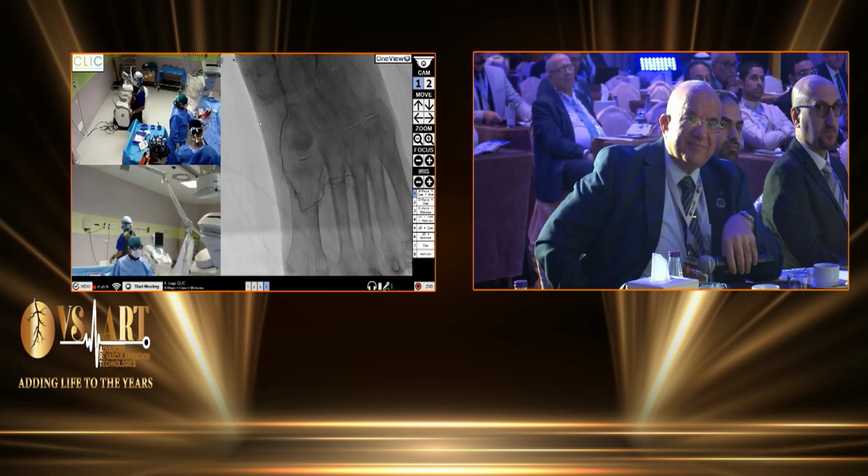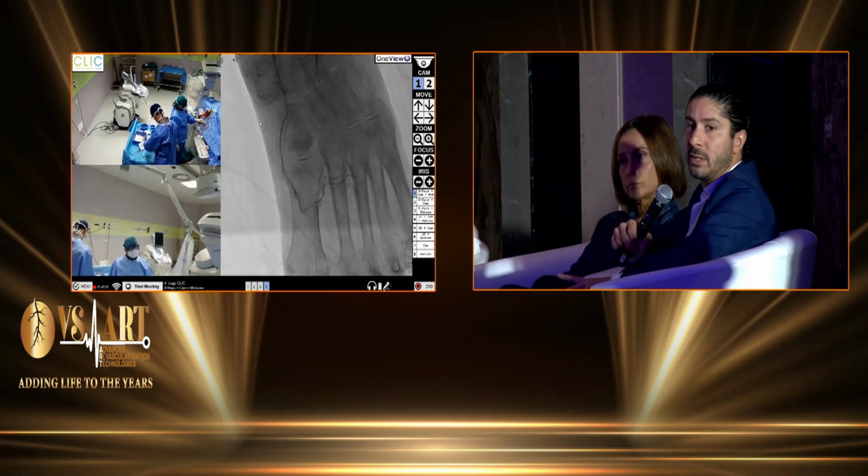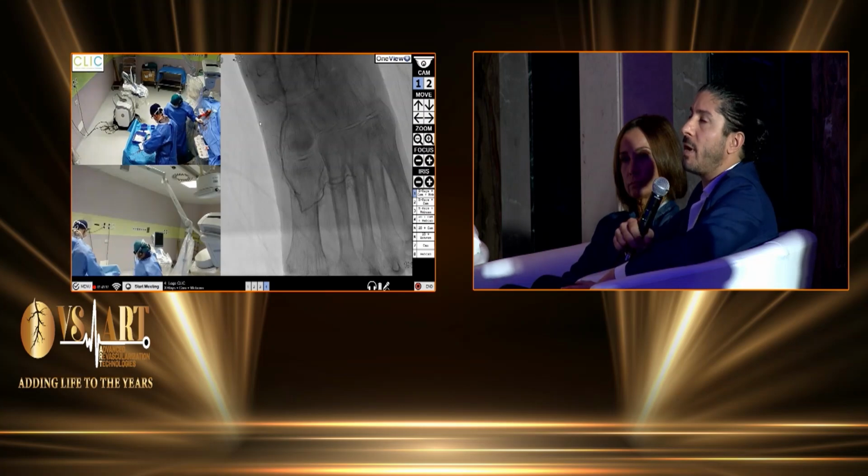Well, when we talk about orbital atherectomy, there is no compatibility with any type of filter, so you cannot deploy a filter. If I decide to go for a tibial artery atherectomy, what I use as a protection system is a retrograde access. I mean, if I want to treat an anterior tibial artery with orbital atherectomy, I make a retrograde access in the dorsalis pedis and deploy a 4 French sheath to be able to aspirate if any debris migrates.